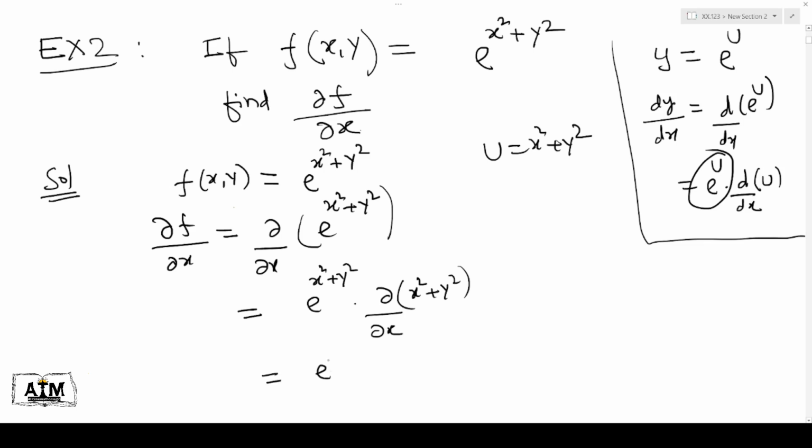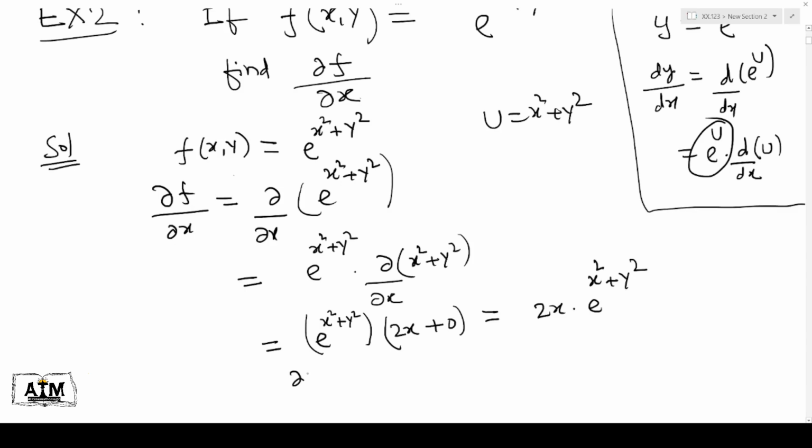This equals e raised to x square plus y square multiplied by the derivative of x square, which is 2x, and the derivative of y square, y being constant, the derivative of a constant is 0, therefore the derivative of y square is 0. So the final answer is 2x multiplied by e raised to x square plus y square.